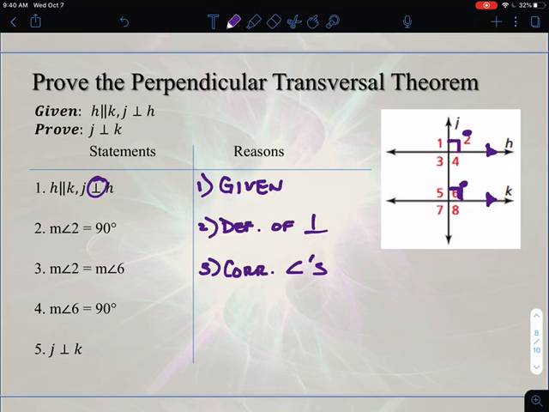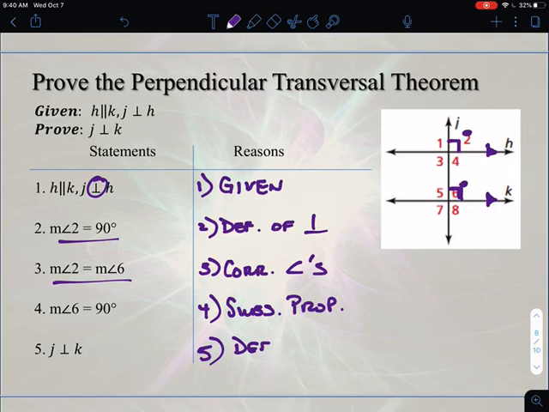And so then the measure of angle 6 must be 90, because if 2 is 90 and 2 is equal to 6, then by substitution or by transitive, I know angle 6 must also be 90. And then for step 5, that means J and K are perpendicular because that's the definition of perpendicular.